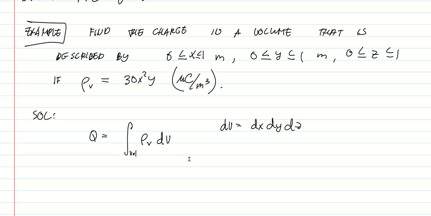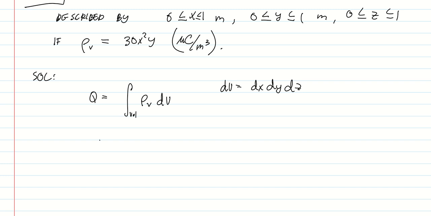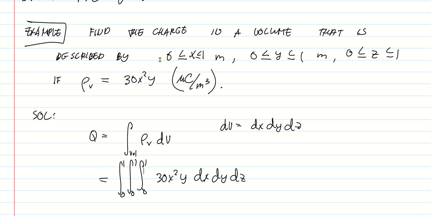Given the limits, our charge Q will be equal to a triple integration, because we have three differentials. Rho v is 30x squared times y, then dv is dx dy dz. What are our limits? They are all from 0 to 1, because they are described by the planes from 0 to 1 in x, y, and z.